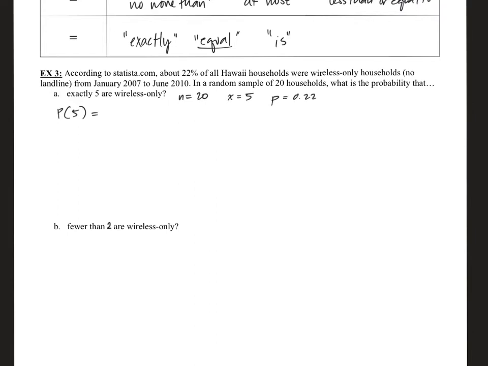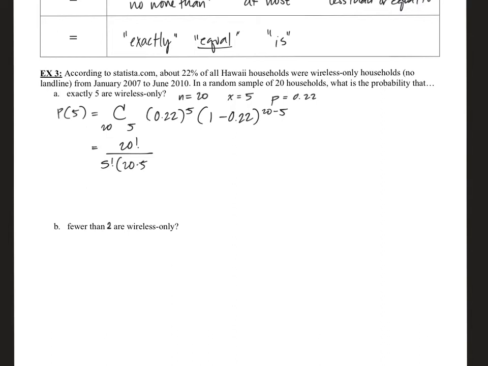Okay, so filling out the formula, we have 20 choose 5, times our probability of success, 0.22 to the 5th power, times 1 minus our probability of success to the n minus x power, which is 20 minus 5.